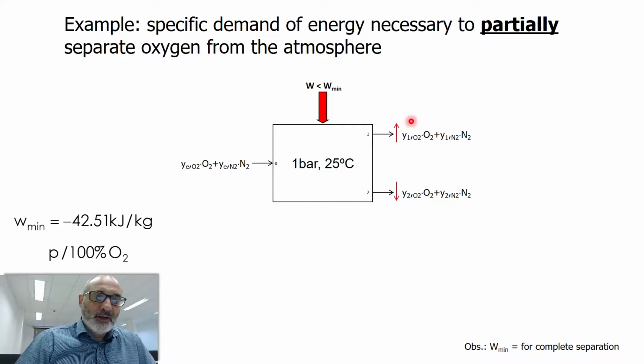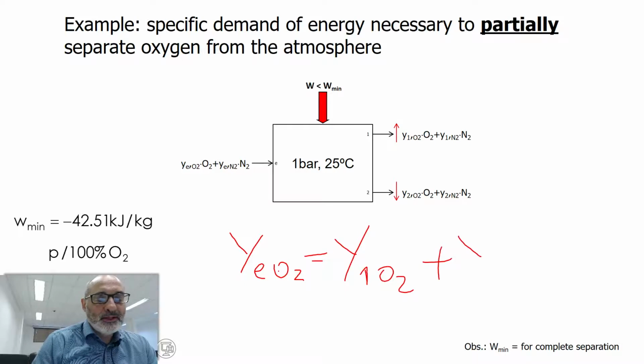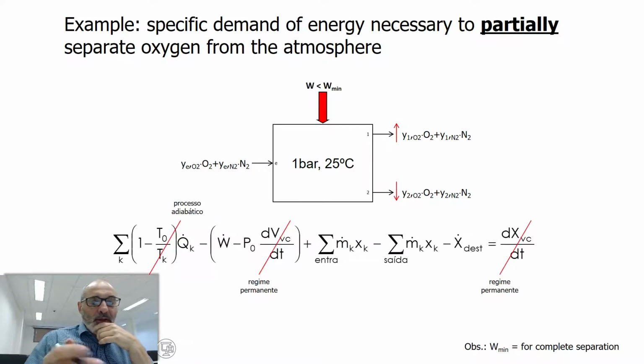And since we are increasing concentration of O2 at 1, it will forcibly decrease at exit number 2, because we know that when we apply a mass balance, Y at the entrance O2 equals Y1 O2 plus Y2 O2. This is mass balance. Okay, let's go on.